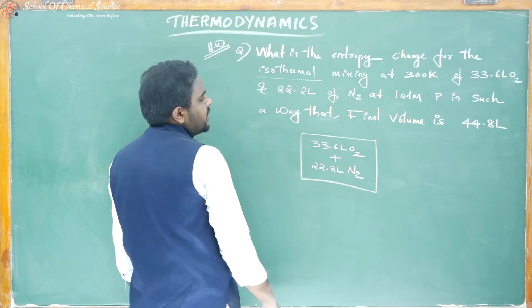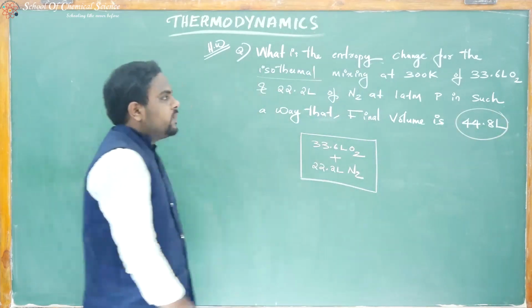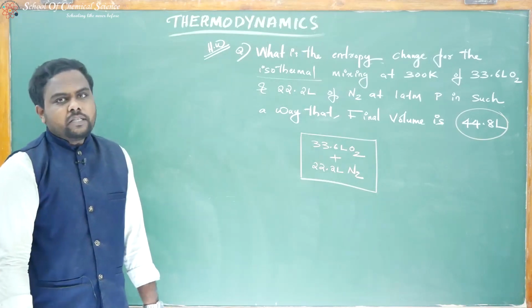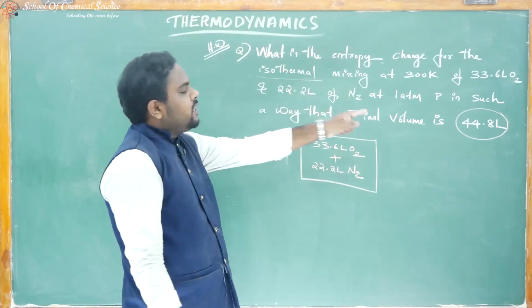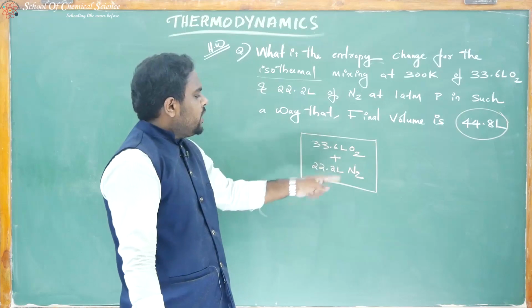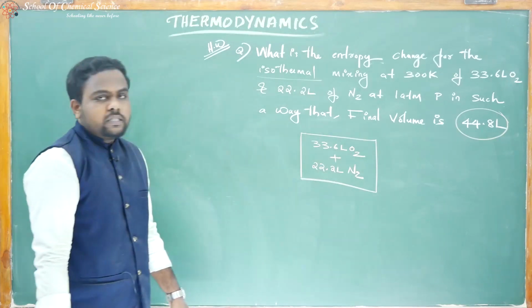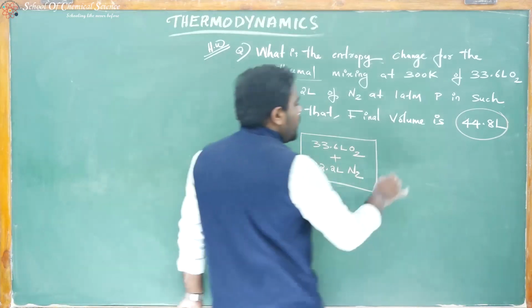When both are mixed, final volume equal to 44.8 liter. Whether it is ideal mixing or non-ideal mixing? 33 plus 22, but final volume is only 44.8. So this case is non-ideal mixing.